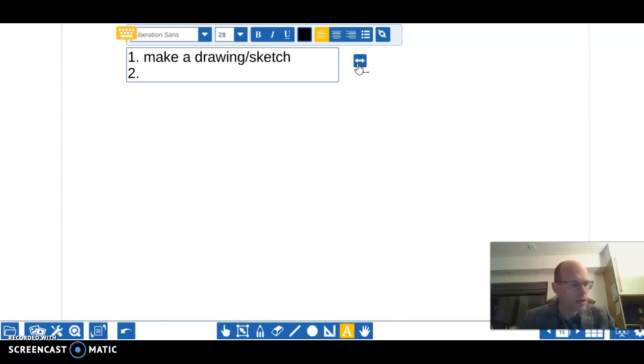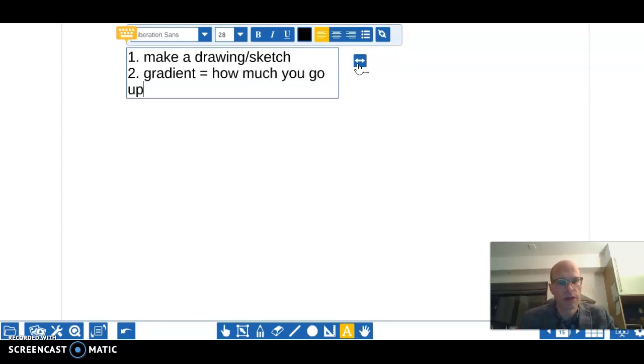Then step B, use the sketch to calculate the gradient. The gradient is how much you go up divided by how much you go to the right.